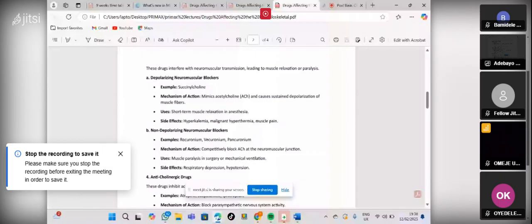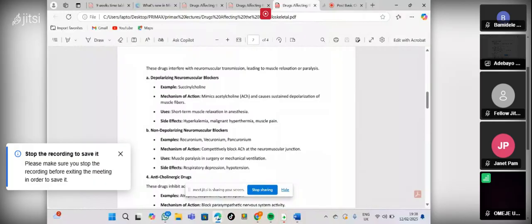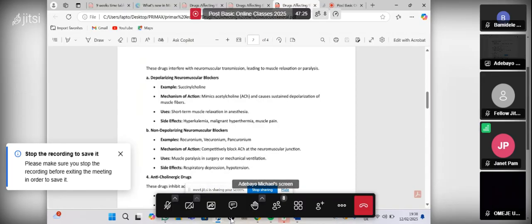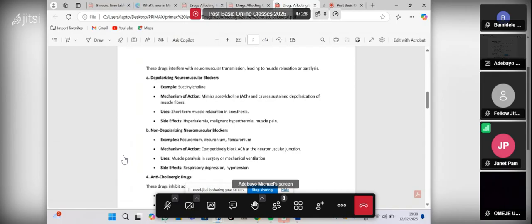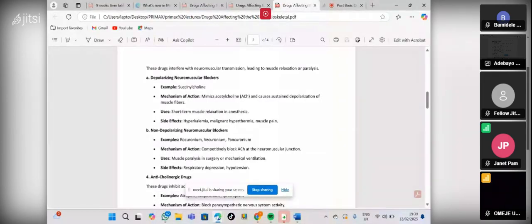So from there we move to MAO inhibitors. Examples of MAO inhibitors are selegiline, isocarboxazid, and phenelzine. So the key point here is that there is massive hypertensive crisis. Another point to note is that we should tell the patient to avoid anything that contains tyramine: red meat, wine, cheese, and all of that. They need to be stopped as well.